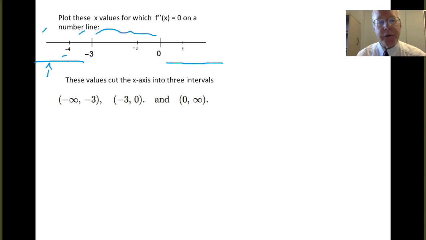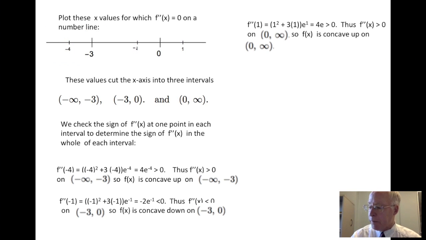So it's enough to check or just test one value in the second derivative from each interval. So we'll check the value minus 4 in the first interval, minus 1 from the second, and 1 from the third. And whatever those signs tell us will be the signs of the second derivative on those complete intervals.